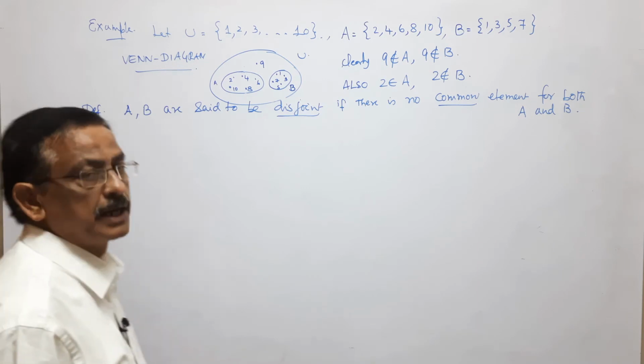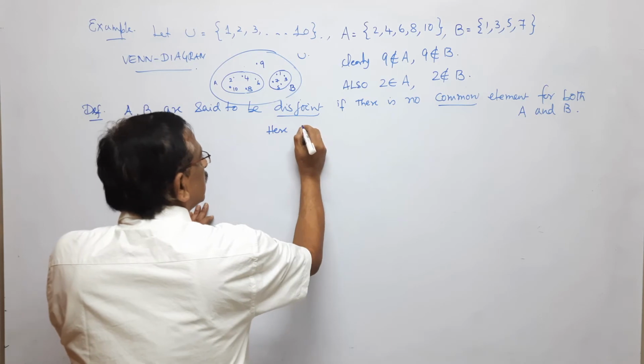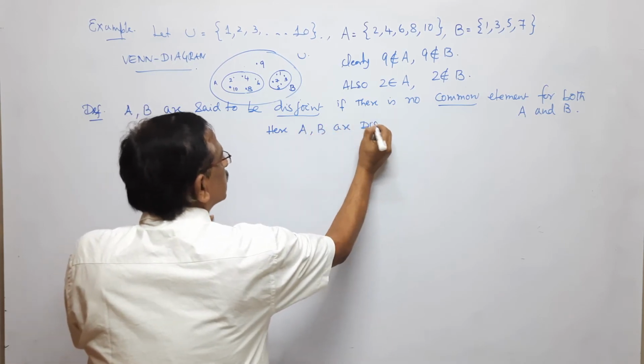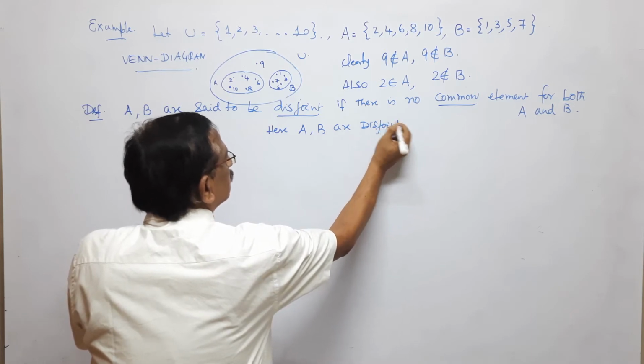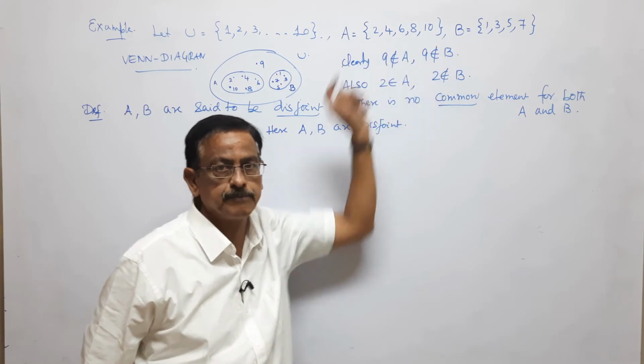Then we say that A and B are disjoint. Here, in this case, A and B are disjoint.